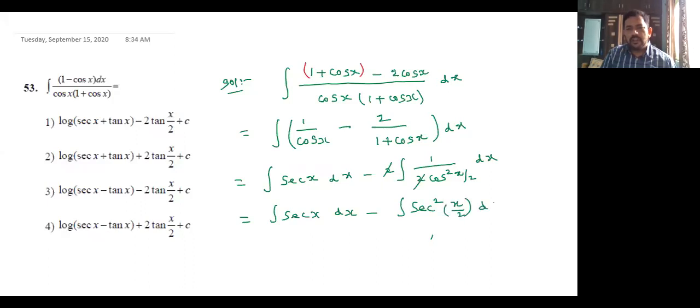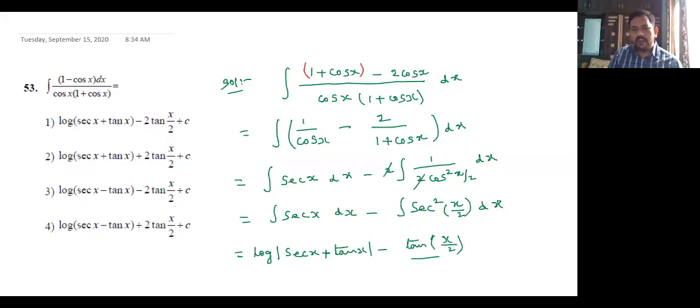Now observe, what is integration secant x? Integration secant x formula is log of modulus secant x plus tan x, minus integration secant square x by 2, that is tan x by 2, but the x coefficient 1 by 2 is there in the denominator, plus c.